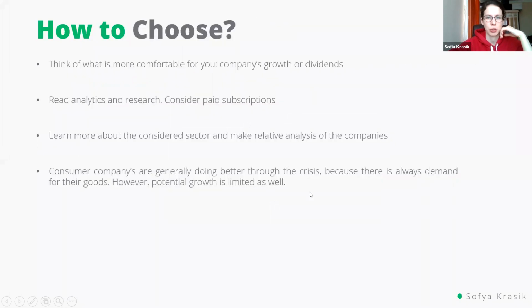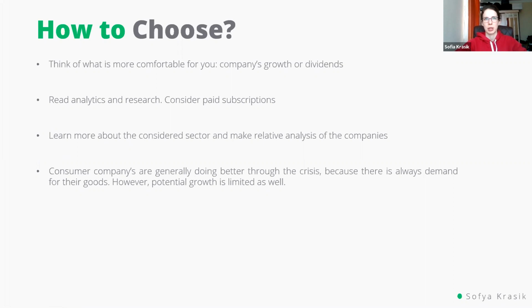As for how to do this, first of all, again, reading analytics, looking at financial ratios, looking at performance history, etc. And here is one specific point: in general it is considered that consumer companies usually do better through crises. For example, if this is a food retail company, people will always need food, people will always buy food.